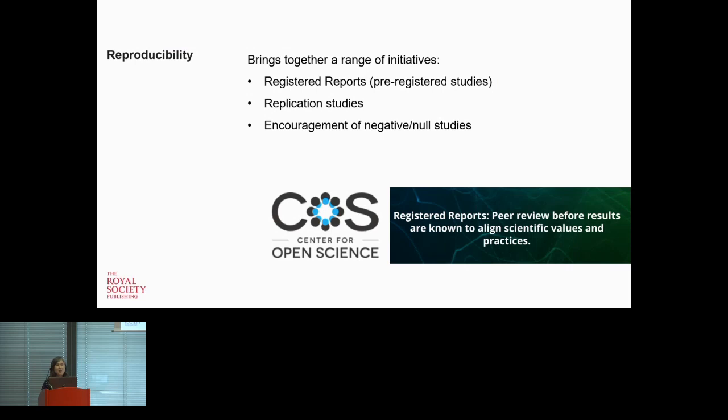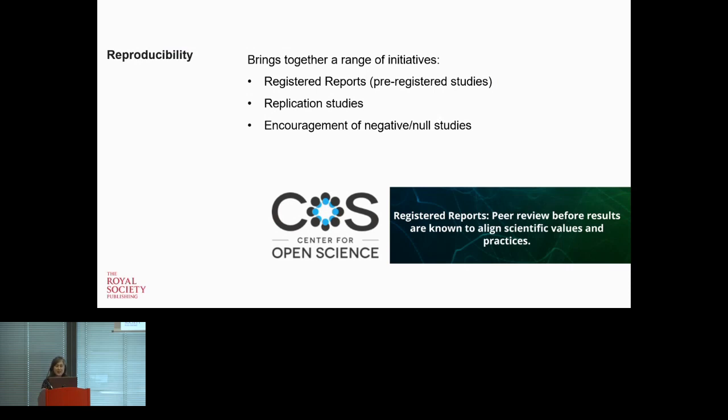And if the reviewers and editors are satisfied by this stage 1 registered report, it receives an in-principle acceptance. The authors then register this study design in a suitable repository before conducting their work according to the agreed study design that's already been approved.